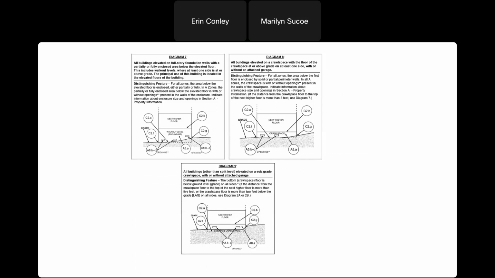Diagrams 7, 8, and 9 are typical for our homes, where we do have the area enclosed beneath because we want to control the temperature for the floor above and be able to insulate that floor better and insulate the utilities that are coming down. So 7, 8, and 9 are more typical for our properties. Again, it will point out here, diagram 9 is other than split level, so you should not be using that if you have a split level home.